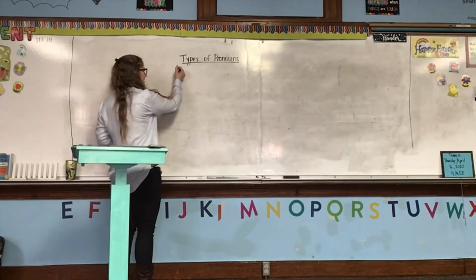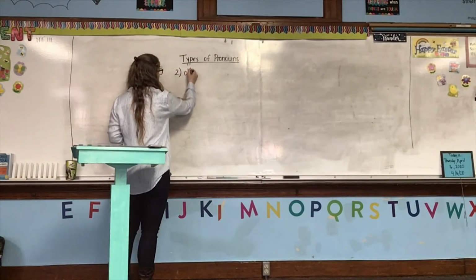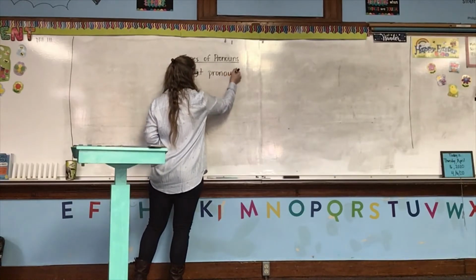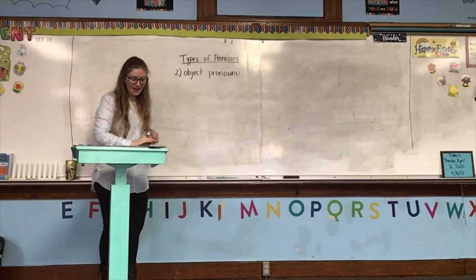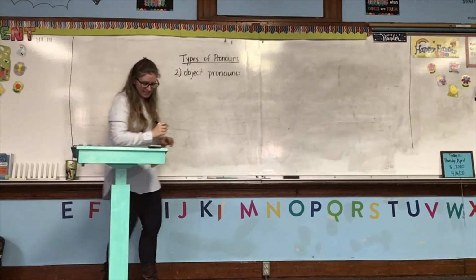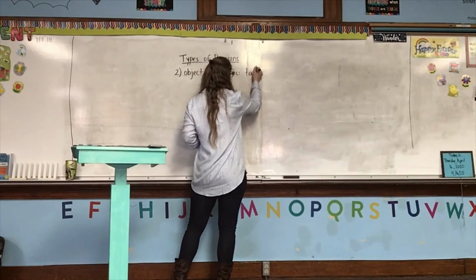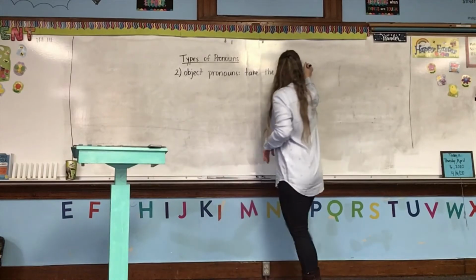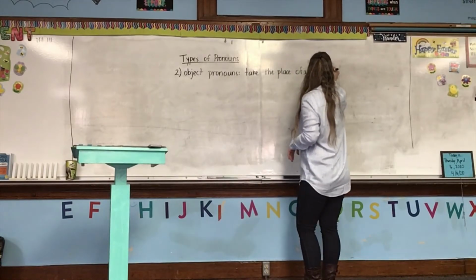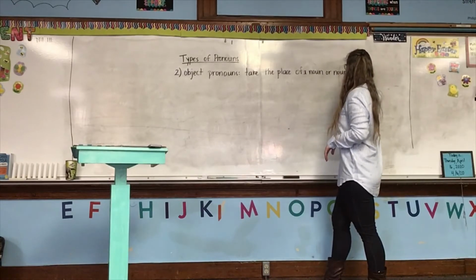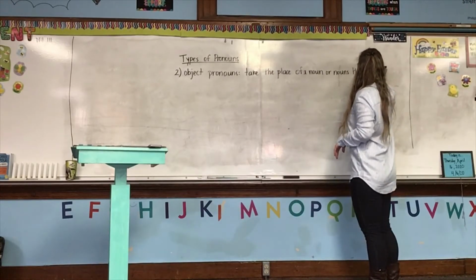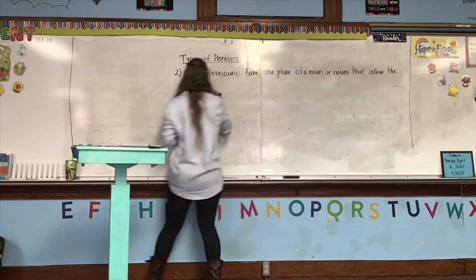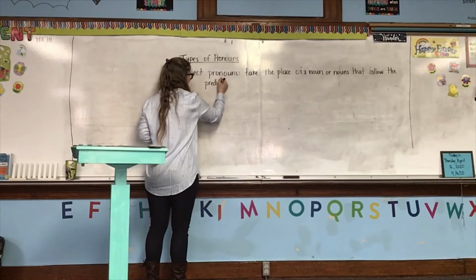Okay, so the next type of pronouns are object pronouns. And what object pronouns do is that they take the place of a noun or nouns that follow the predicate.